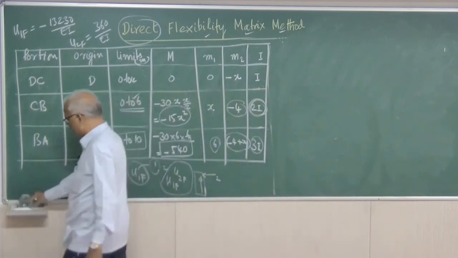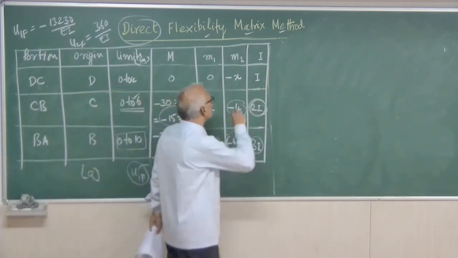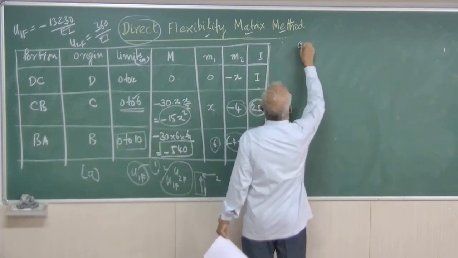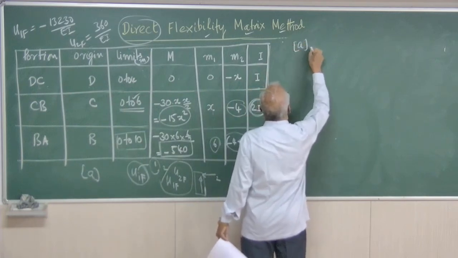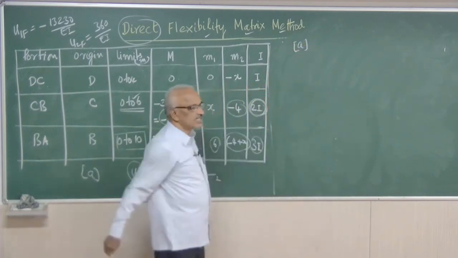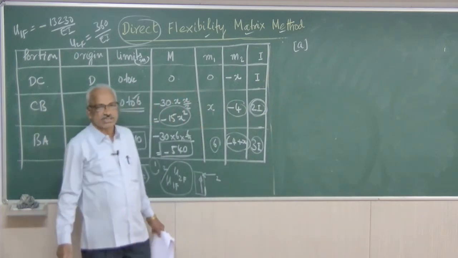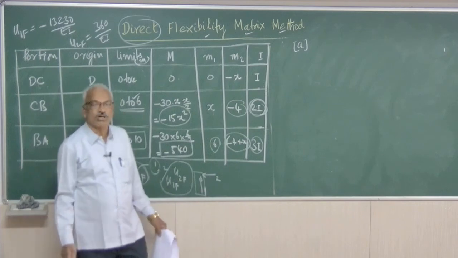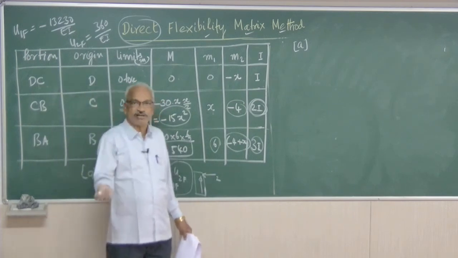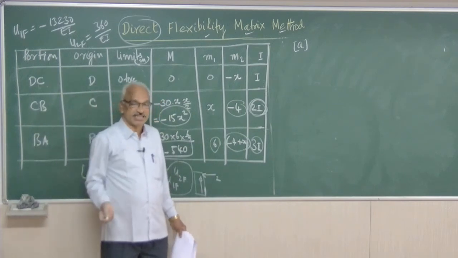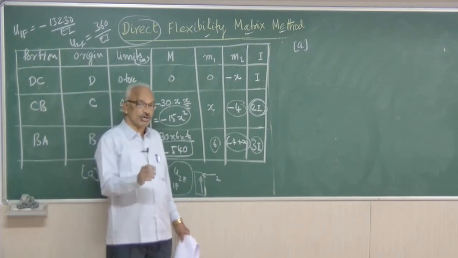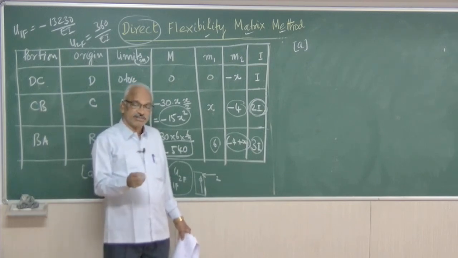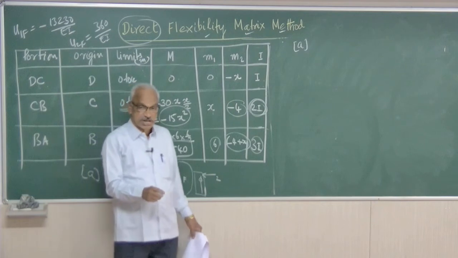Right. Now we have to get the value of A. A matrix will be consisting of coefficients due to the application of the redundant forces one at a time, because we do not know the value of what is Vd, what is Hd. We apply Vd equal to unity, then Hd equal to unity.